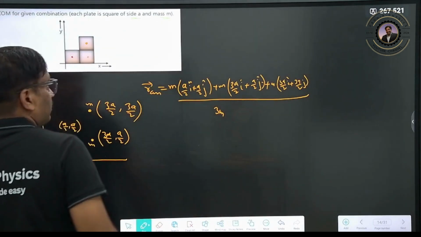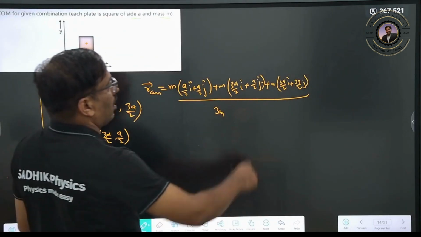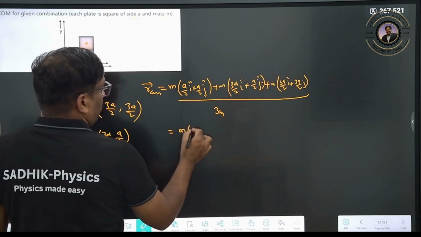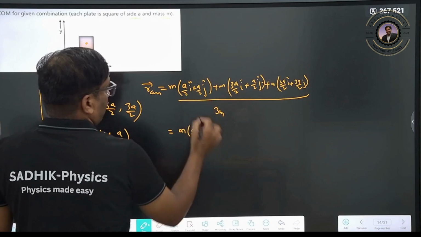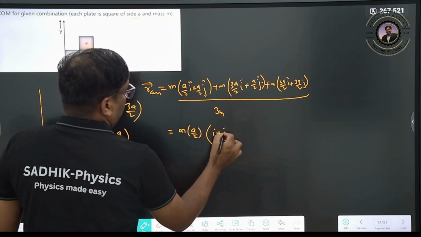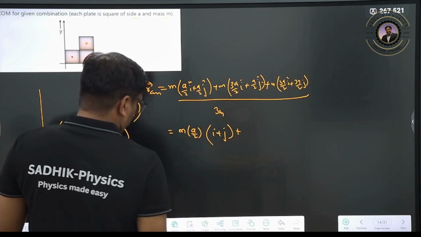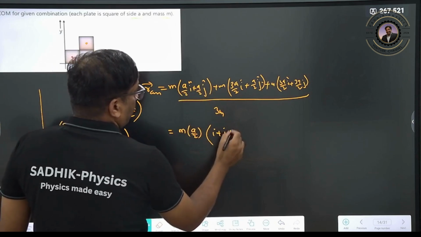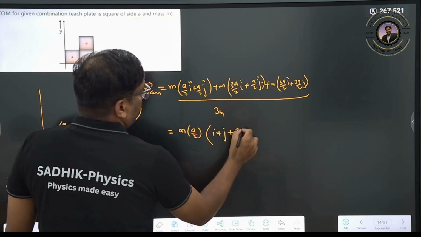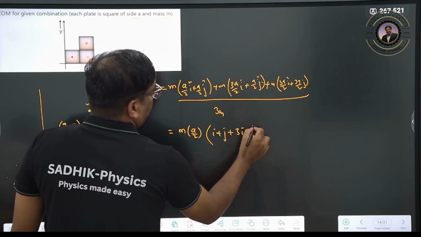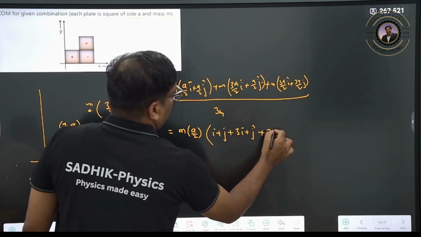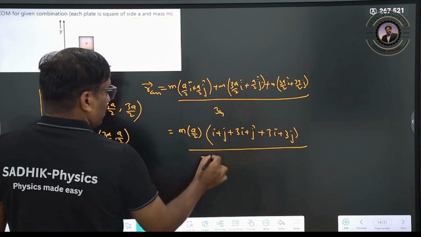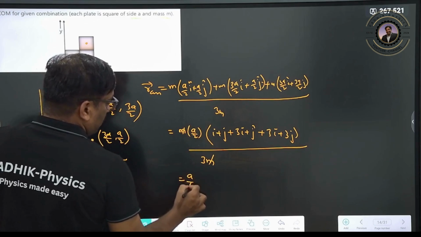Now simplify. In all of this, m and a by 2 are common, so taking m into a by 2 common, we get i plus j, plus 3i plus j, plus 3i plus 3j, divided by 3m. So m gets cancelled out, and we get a by 6.